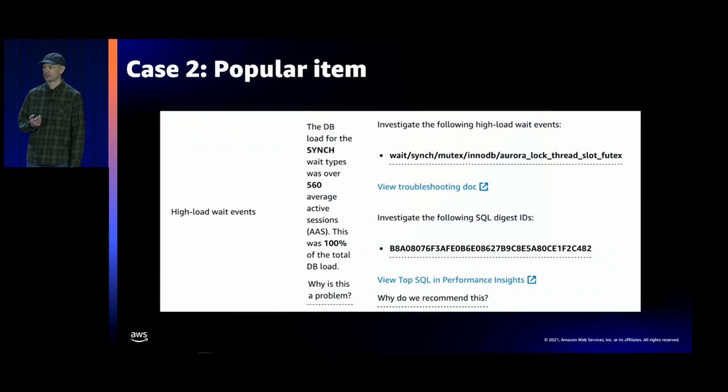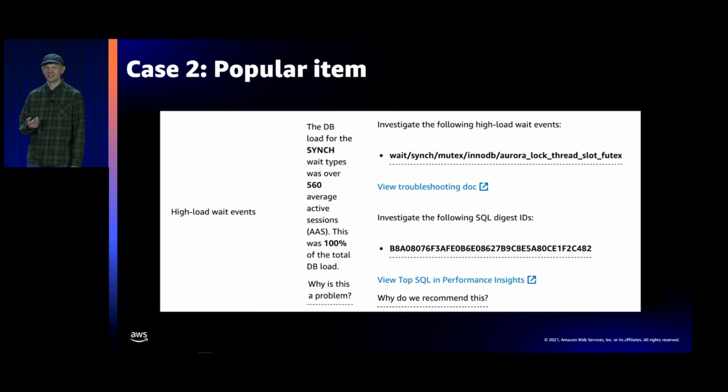It will then start running analysis, and again, we're looking for the most common troublemakers, right? The dominating wait events and the SQLs that are suffering from those wait events. And it looks like in this case, the dominating wait event has the name wait sync mutex, InnoDB, Aurora, log free slot futex. Now, I have to admit that I practiced saying this name a few times before the session.